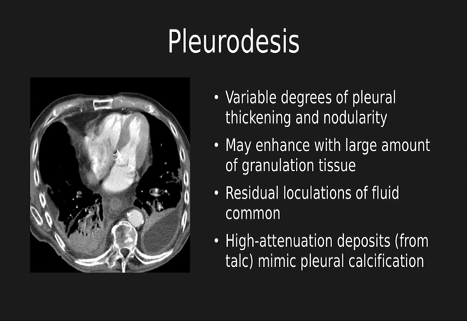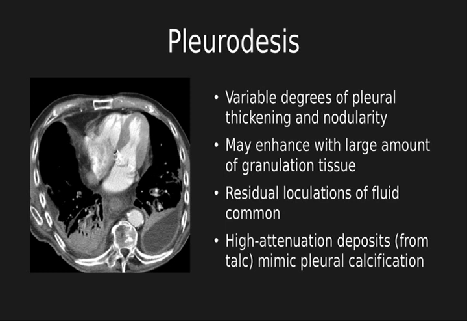Also, in patients with pleural disease, the pleural disease remains stable over time, and usually is adjacent to the pleural lung that underwent pleurodesis, most commonly talc pleurodesis.